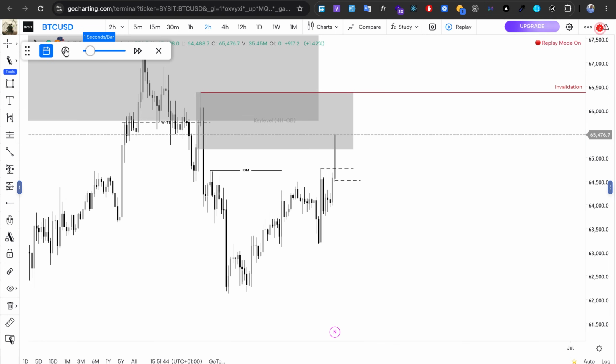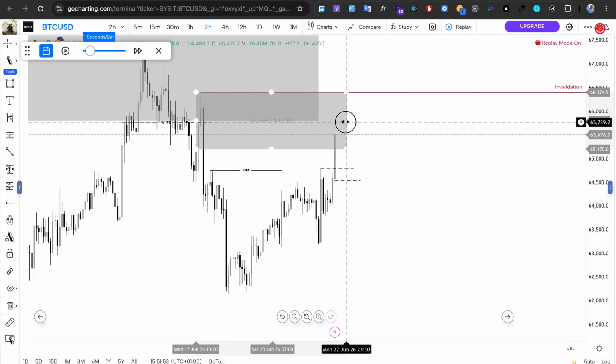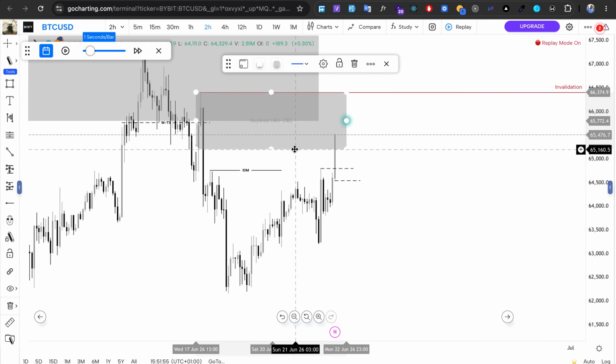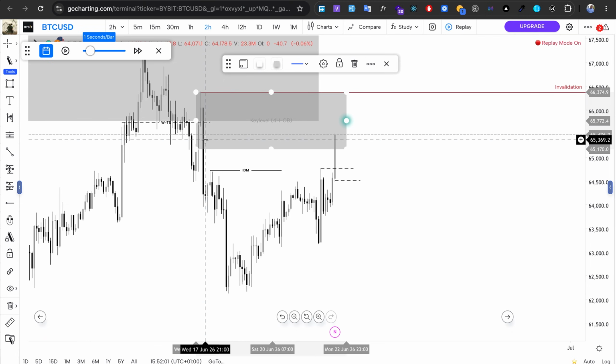So I play it. I can decide to go lower actually, maybe the 30 minutes or 15 minutes, but since I'm using CRT, I want it to be the same time frame that the POI is, and since I find it to be 2 hours, I'll just leave it there, right?